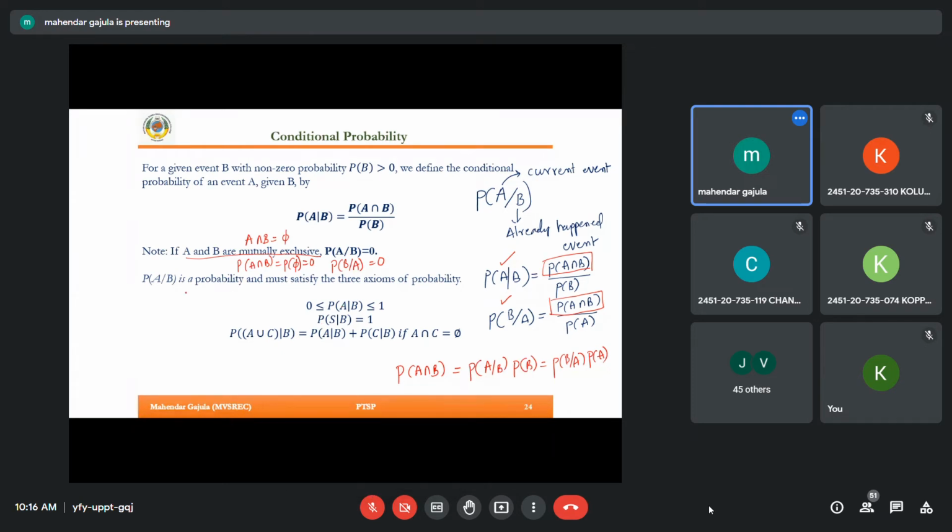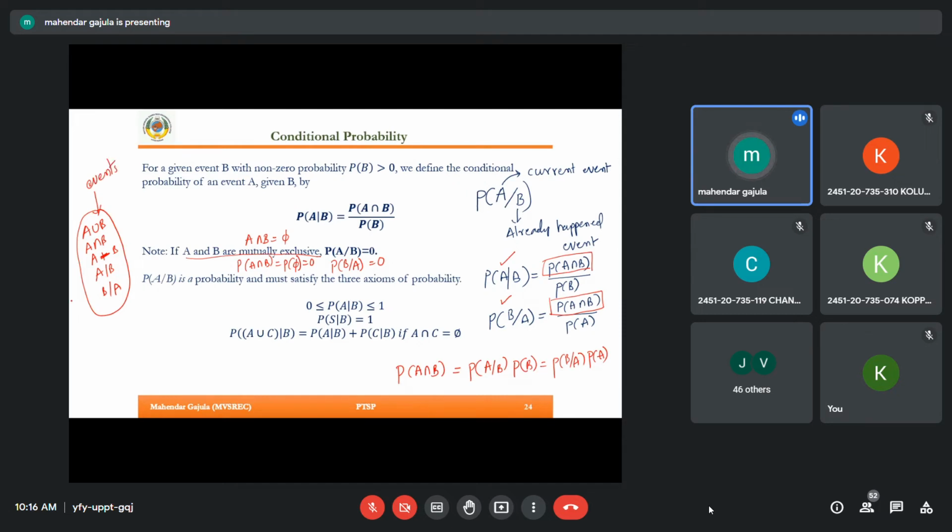Next. See, A given B, B given A, A plus B, A union B, A intersection B, A minus B. What are these? All these are events.